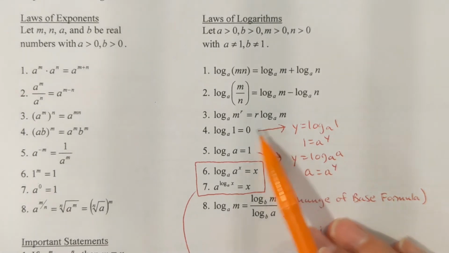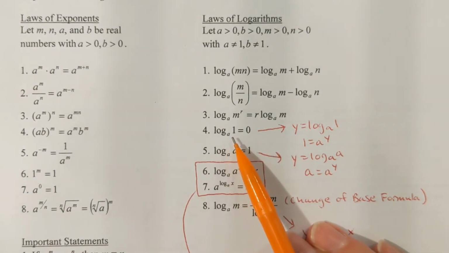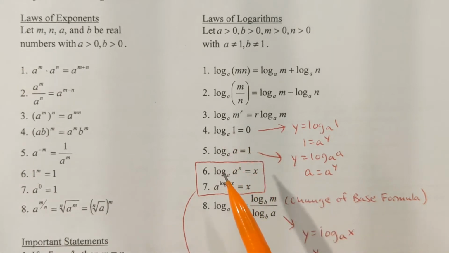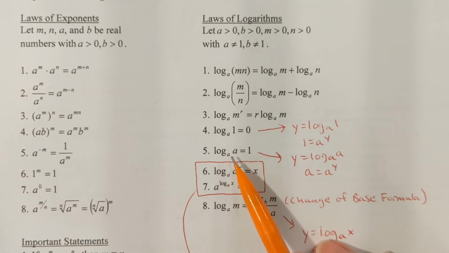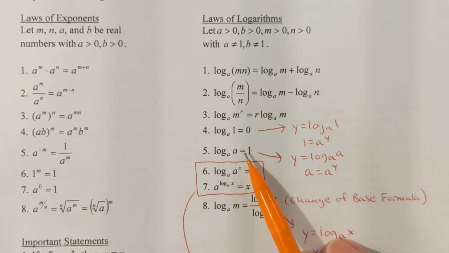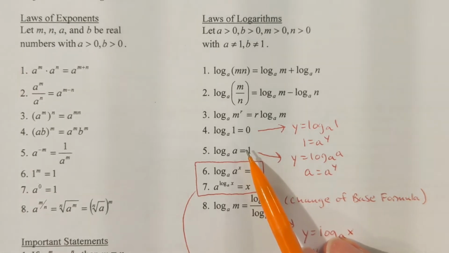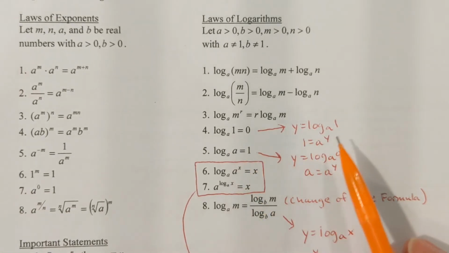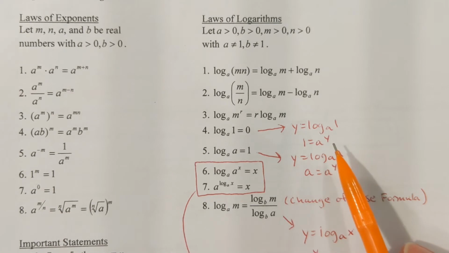Law 4 says that log base anything, doesn't matter what the base is, log base anything of 1 is 0. Okay. So like log base 2 of 1 is 0, log base 5 of 1 is 0, log base e of 1 is 0. Log base anything of 1 is always 0. Now over here I've kind of got a calculation showing where that comes from.